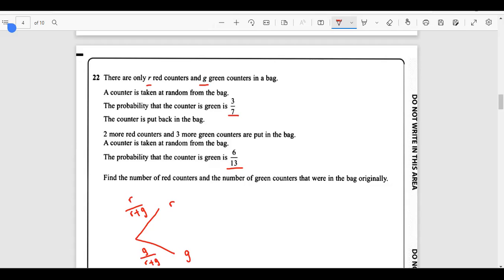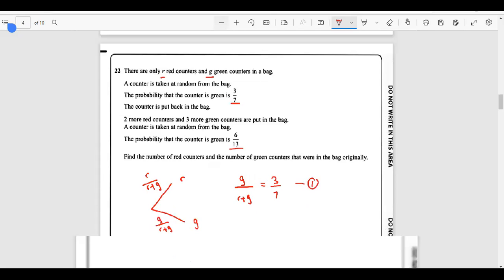The number of green counters is G, the number of red counters is R. And now the probability that the counter is green was 3 by 7. This means that G over R plus G is basically equal to 3 over 7. So this is my first equation.